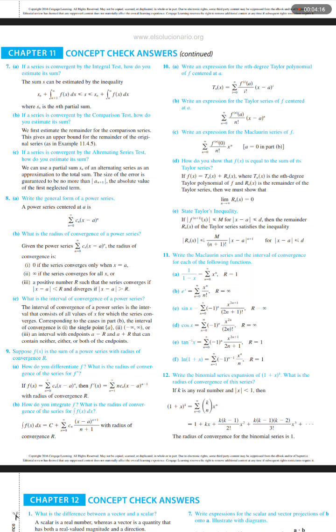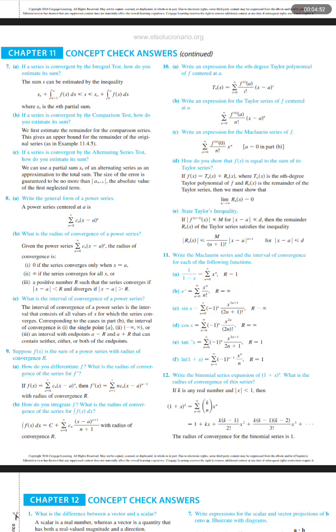If f of x equals the sum from n equals 0 to infinity of c sub n (x minus a) to the power n, then f prime of x equals the sum from n equals 1 to infinity of n times c sub n (x minus a) to the power n minus 1 with the radius of convergence R.